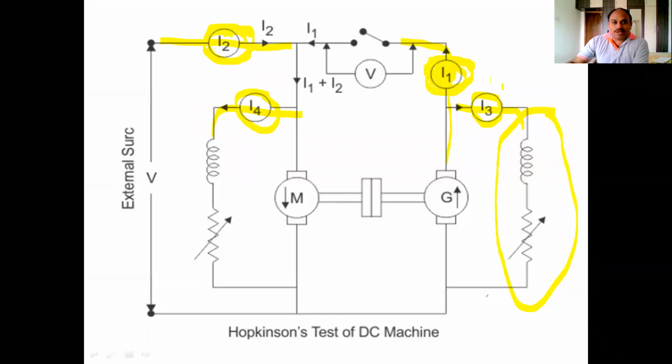This is the current taken by the motor, because we know I1 and I2. This current equals I1 plus I2, because according to Kirchhoff's current law, current entering a node equals current leaving the node. Current entering is I1 plus I2, current leaving is I1 plus I2.